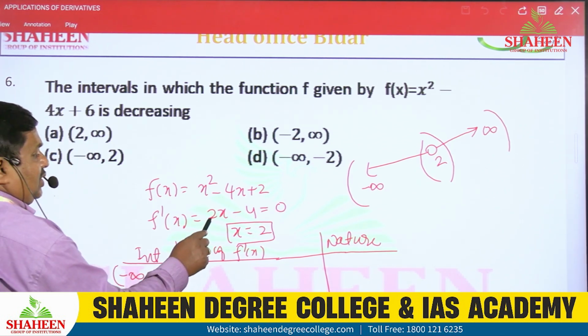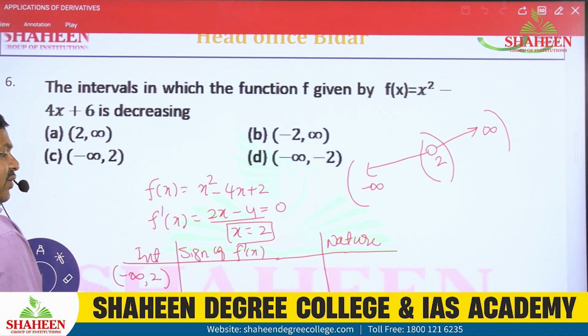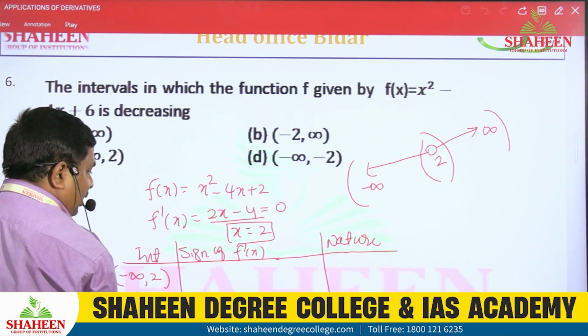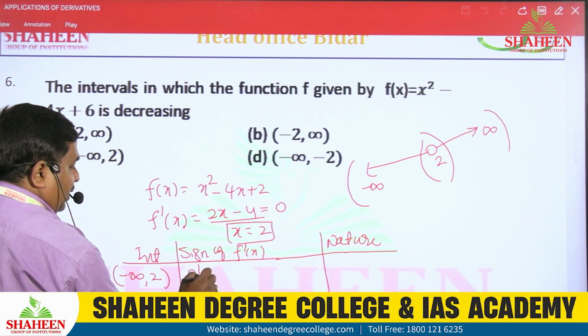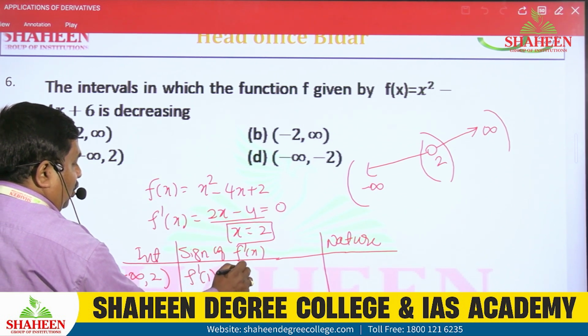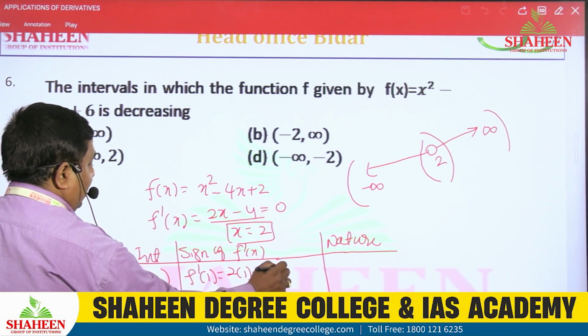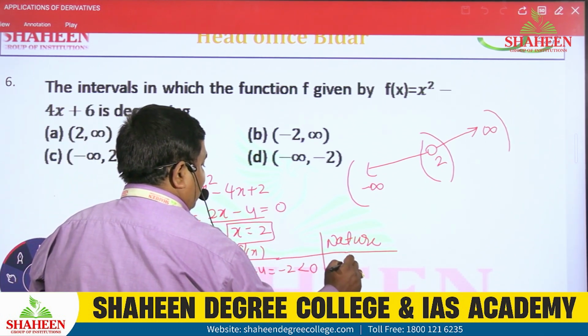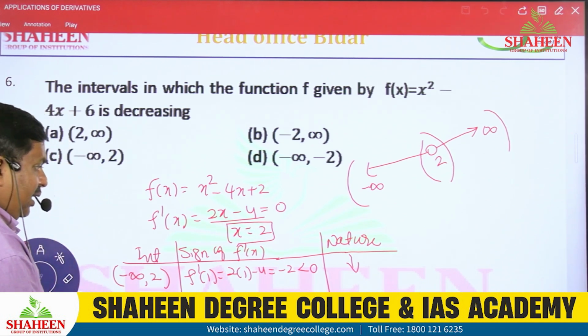In this f dash of x, we are substituting a value which is in the interval minus infinity to 2. Behind 2 we have 1, 0, minus 1, minus 2, minus 3. So I am substituting 1 in f dash of x. This becomes f dash of 1 equal to 2 into 1 minus 4. This value is minus 2 and it is less than 0. The given function is a decreasing function in this interval.